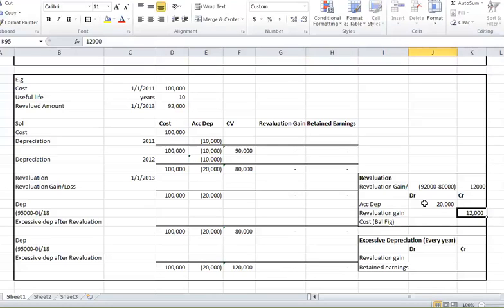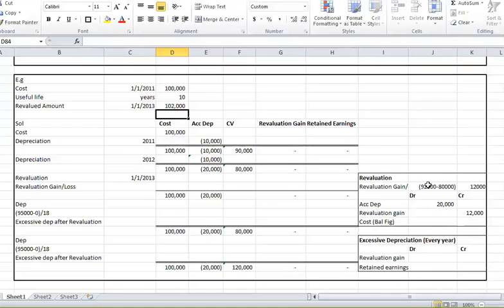Wait, let me change it. It is 102. In this way, we will be able to explain another point.